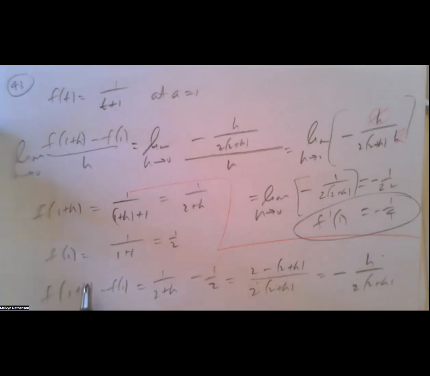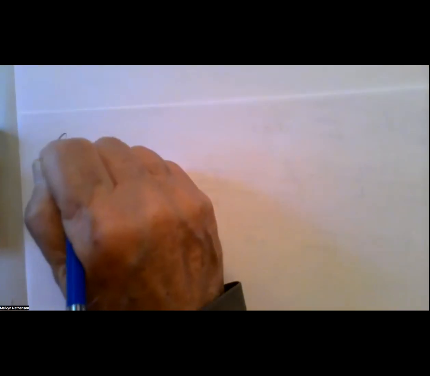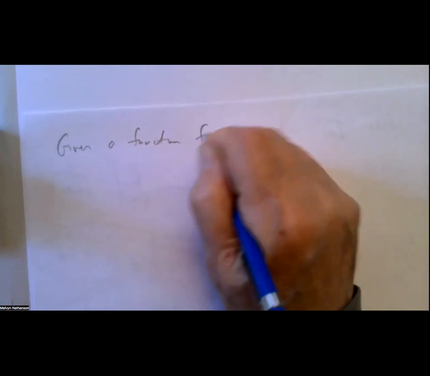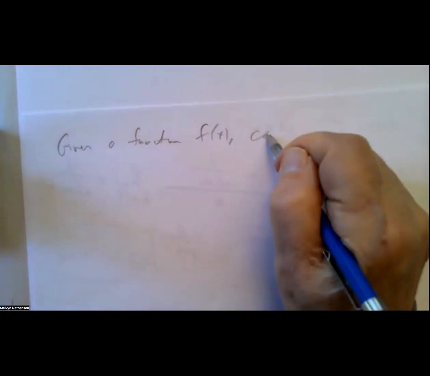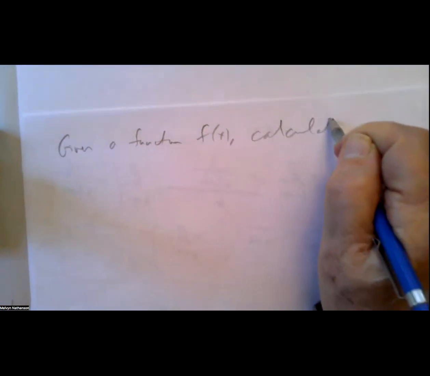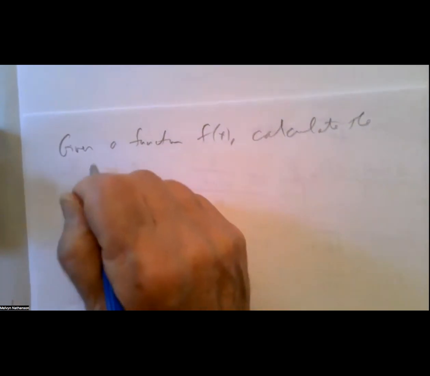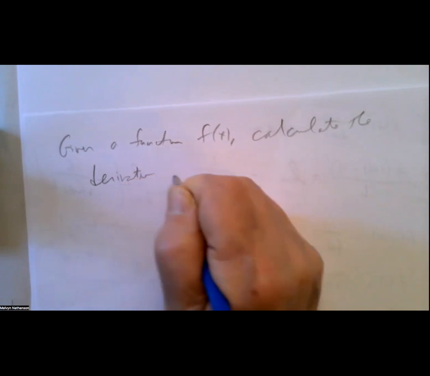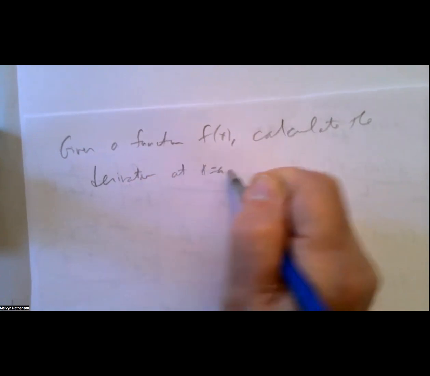So what we've seen is that given a function f of x, we can calculate the derivative at any point x equal a.